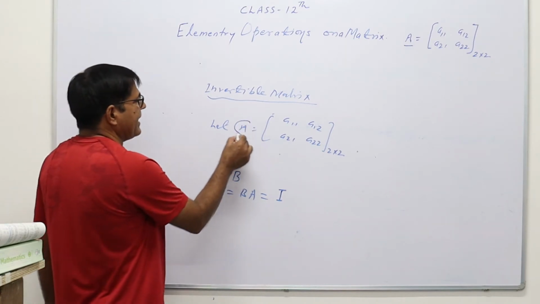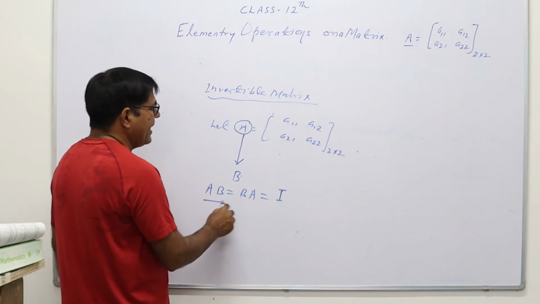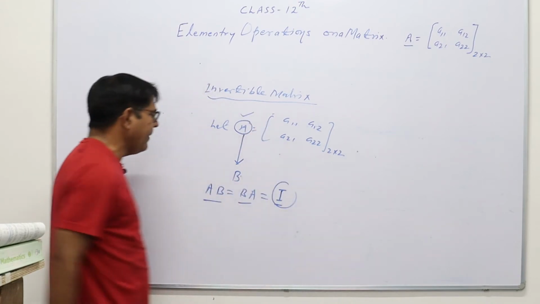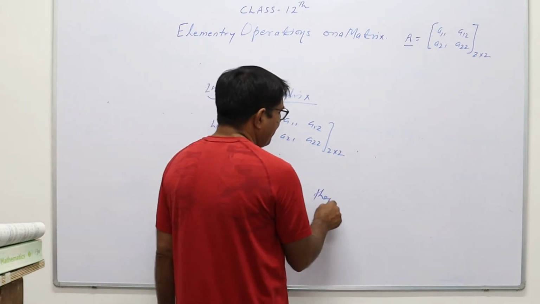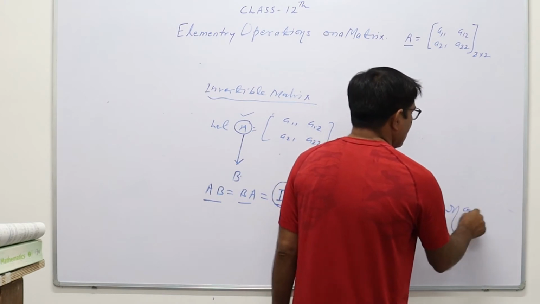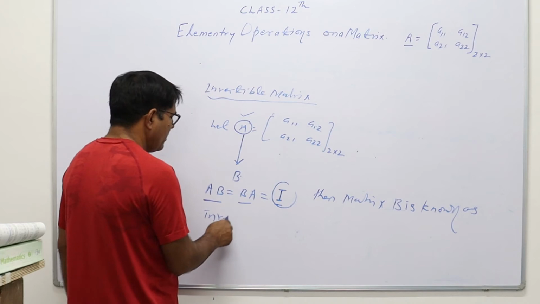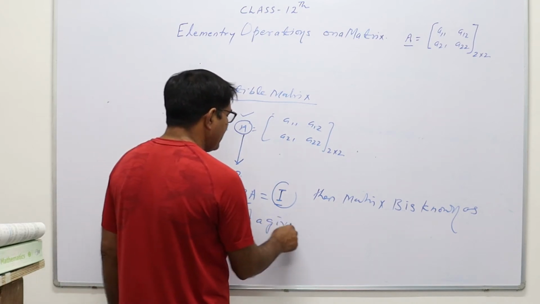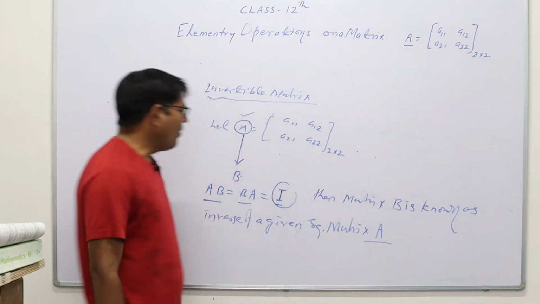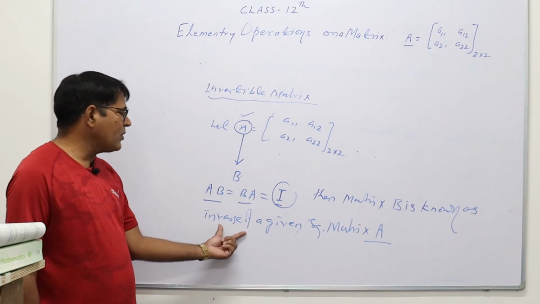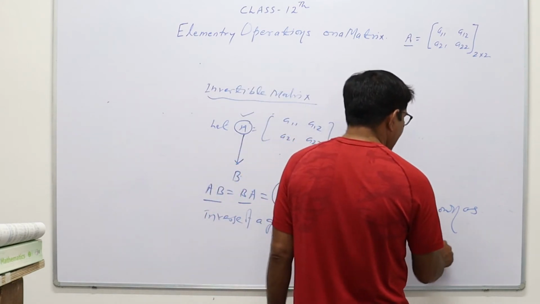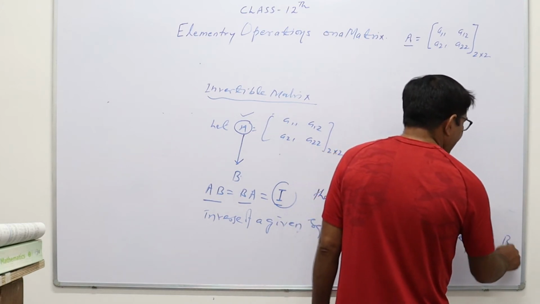So for any given matrix A, if there exists a matrix B such that AB equals BA equals the identity matrix of the same order as the given matrix A, then matrix B is known as the inverse of a given square matrix A, and it is represented by A inverse.